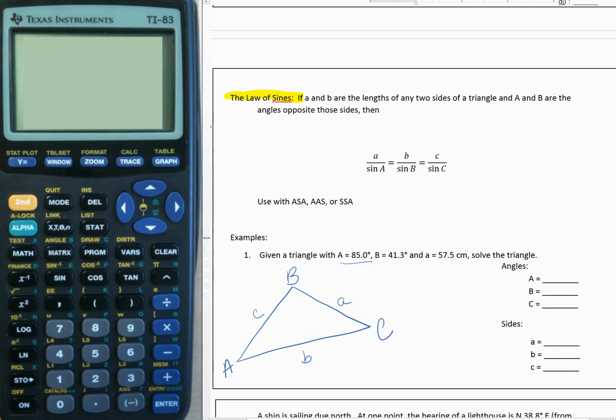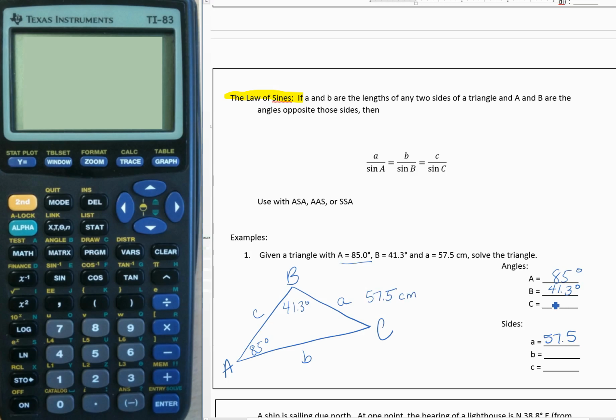So we know that angle A is 85 degrees. We know that B is 41.3 degrees. And we know that little a is 57.5 centimeters. Okay, so we need to find angle C, and then side b and side c.